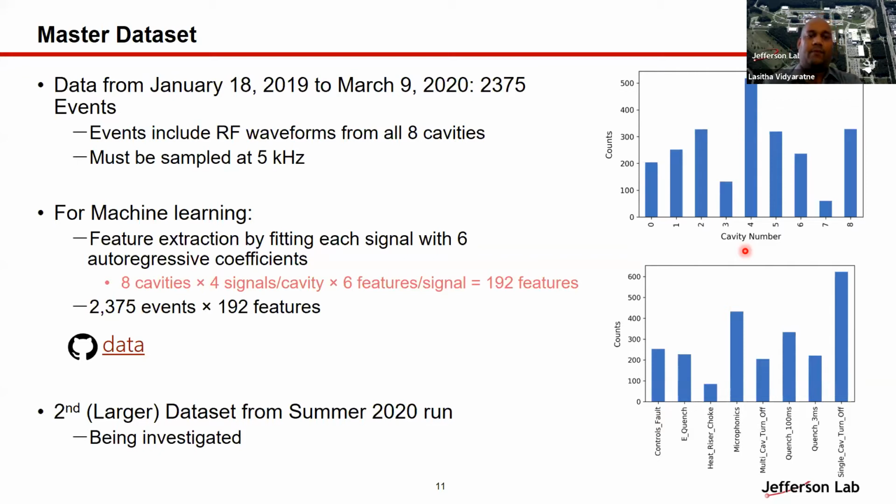For the machine learning, we actually developed a feature extraction scheme that gave us 192 features, which I will talk about in a little while. But then we obtained a feature matrix of 2375 by 192. And we've actually made this feature matrix public, so people could potentially download it and play with the data and figure out maybe different machine learning pipelines if required. We've also recently obtained a second, possibly larger data set from the summer 2020 run, which is still being investigated.